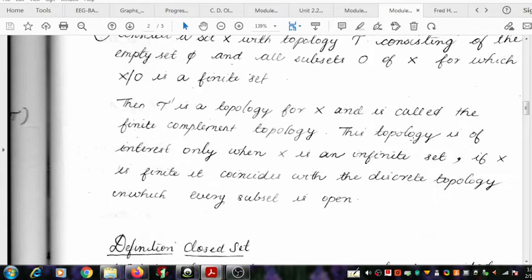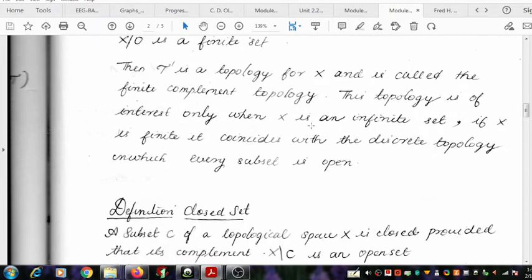This topology is of interest only when X is an infinite set. Such a topology can be defined meaningfully only when the whole set X is infinite. When it is a finite set, this definition does not work, so it is meaningless.